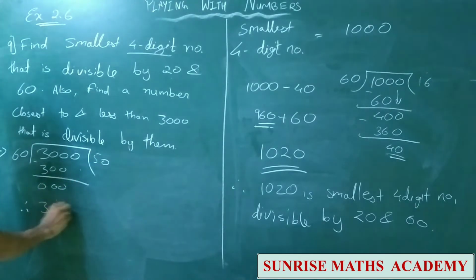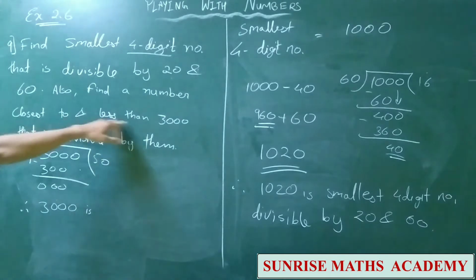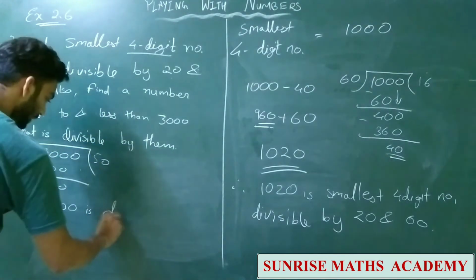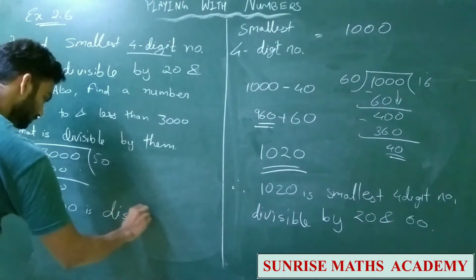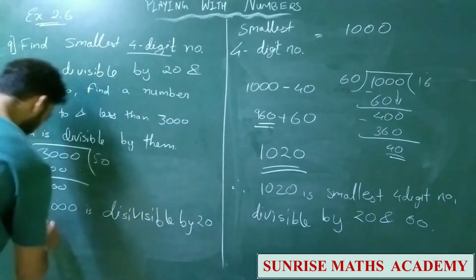Therefore 3000 is divisible by 20 and 60 both, but they have asked to find a number closest to and less than 3000. So 3000 is divisible by 20 and 60.